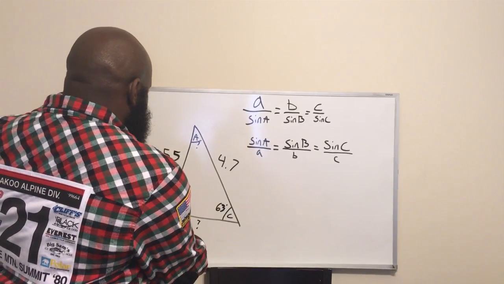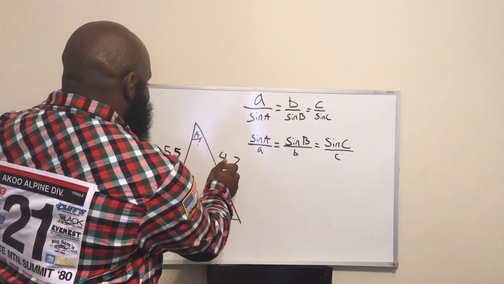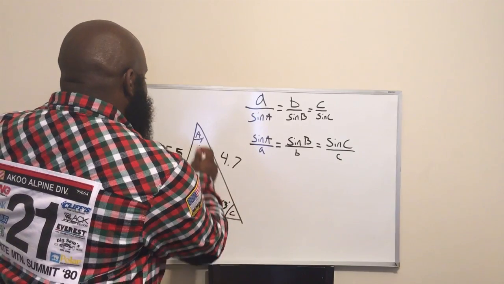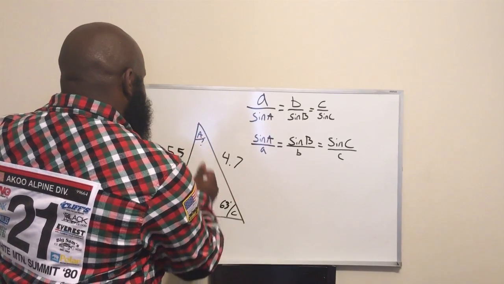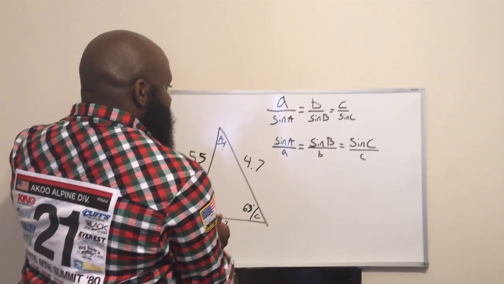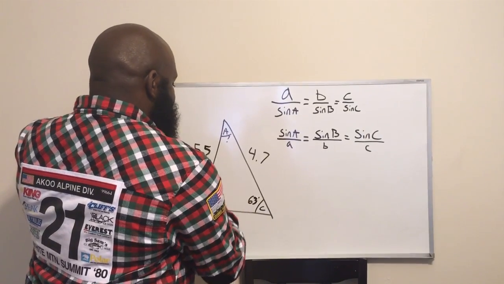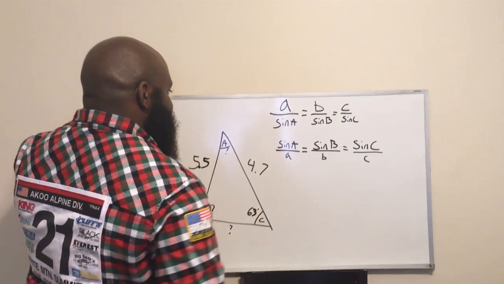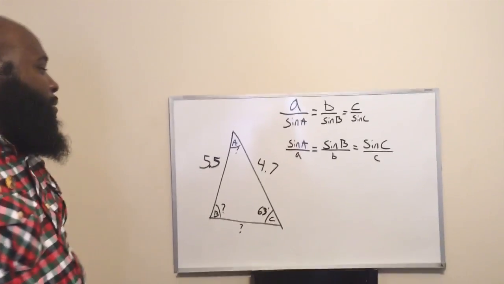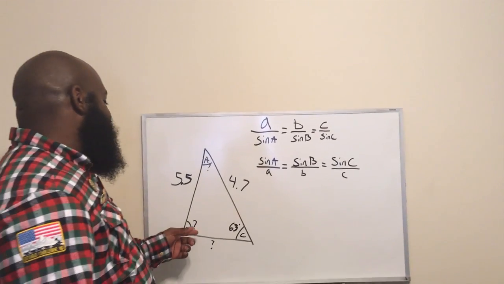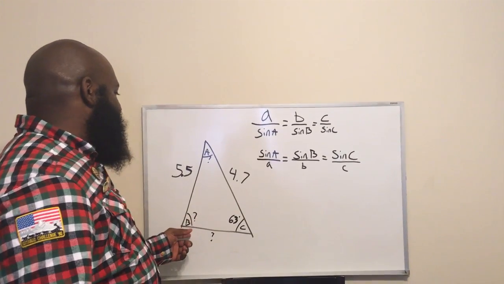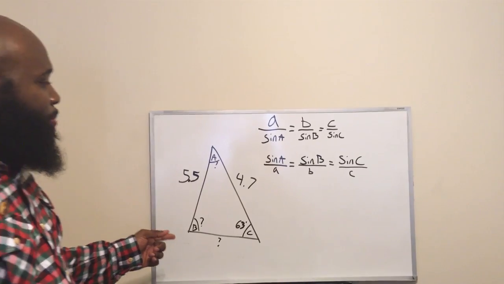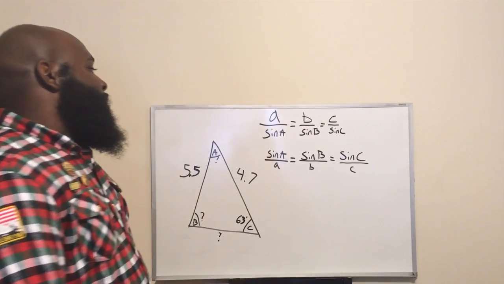We don't know what angle B is, but we know side B is 4.7. We don't know what angle A or side A is. So we're going to find all this information out using the law of sines. First off, we want to try to find angle B. That's the first approach that we want to go for.